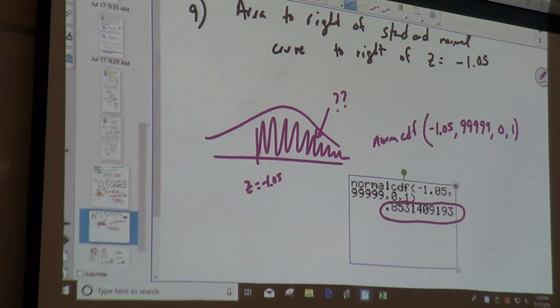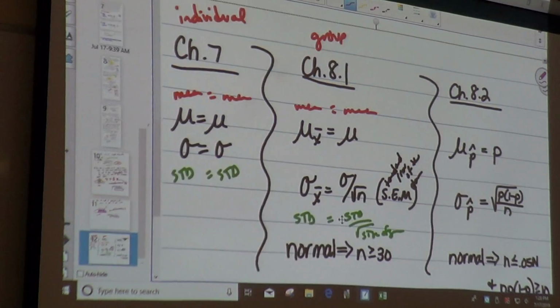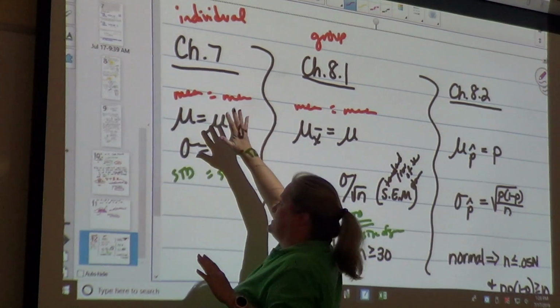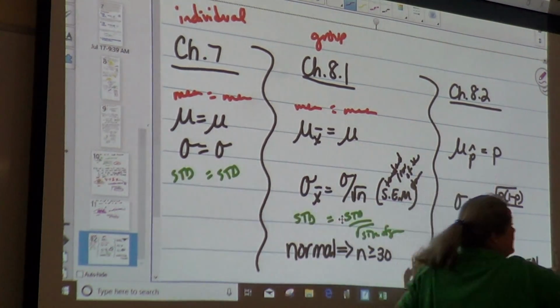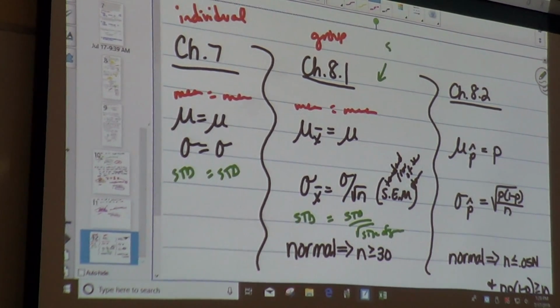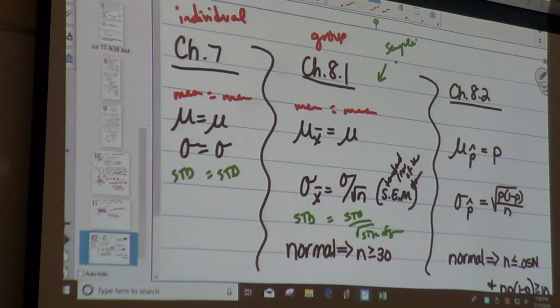The biggest part is figuring out which one it is. For this one, I would definitely do some kind of data dump like this on your test. If it's a sample, this one y'all have down pat. This middle one is gonna say something like it has a sample size of 100, or a sample of 36, or a sample size of blah, blah, blah.